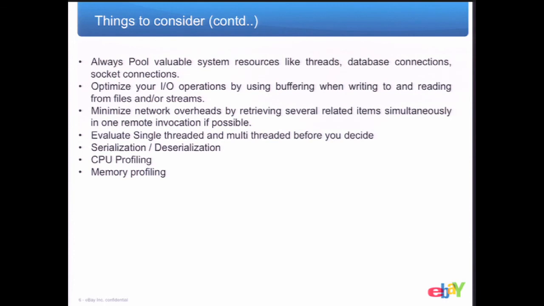Serialization and deserialization is another very important thing. We talked about decomposition, we talked about layers. When you look at the overall architecture, you need to review how many times objects will be serialized and deserialized.